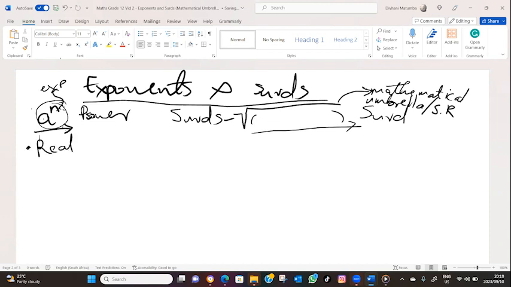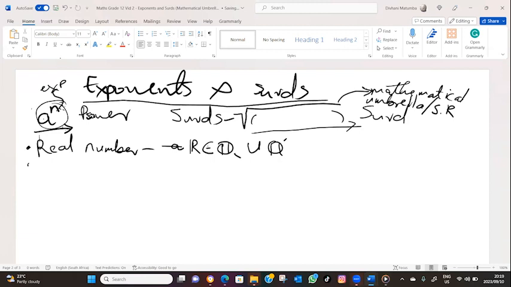What are real numbers? Real numbers are all numbers which are rational and non-rational.